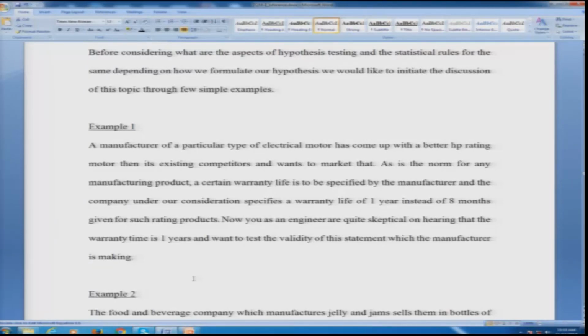Now, you as an engineer are quite skeptical on hearing that, because none of the motors till now had a warranty life of 1 year. So, you want to test the validity of the statement which the manufacturer has made. This is the background of the problem based on which we will try to discuss hypothesis testing. So, this is example 1.